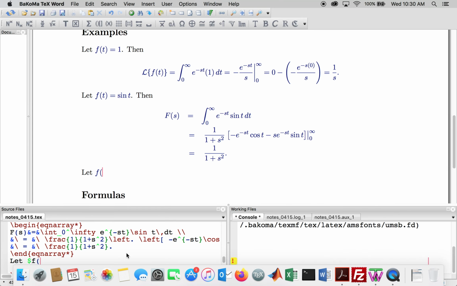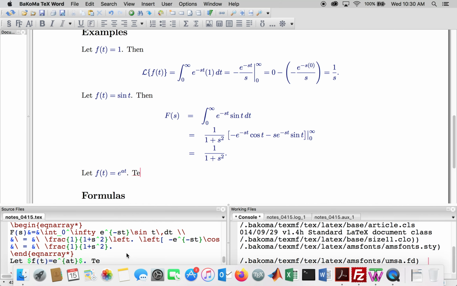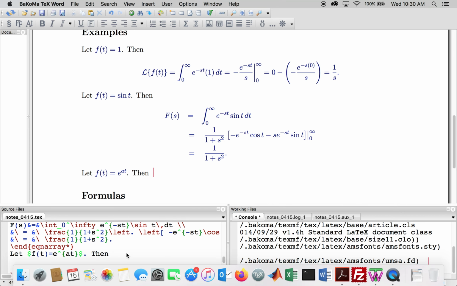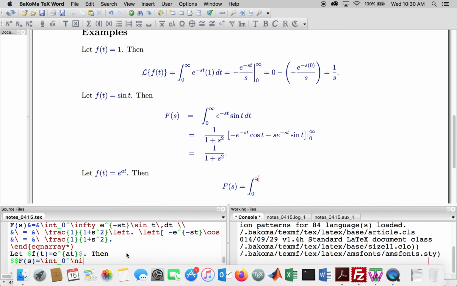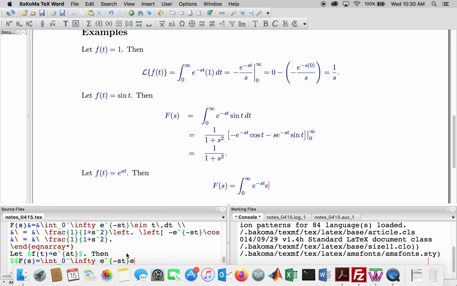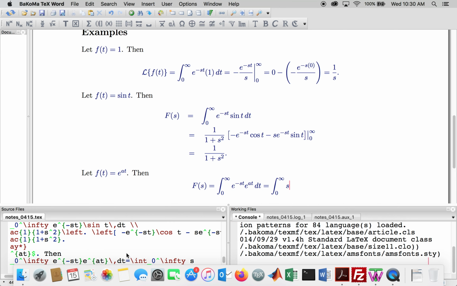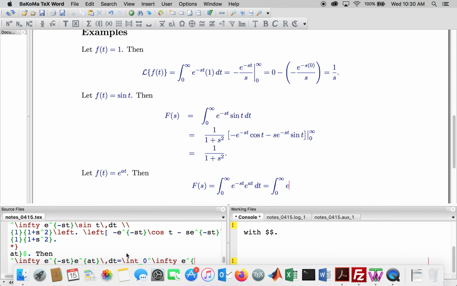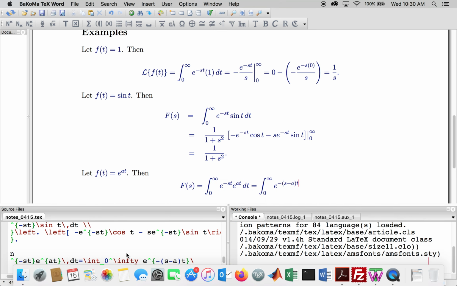I'll do one more: e to the at, where a is assumed to be a constant. So what happens here is this is the integral from 0 to infinity of e to the minus st times e to the at, and you can combine those into one exponential, e to the minus (s minus a) t dt.